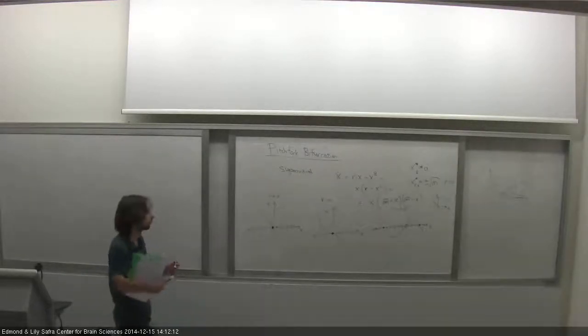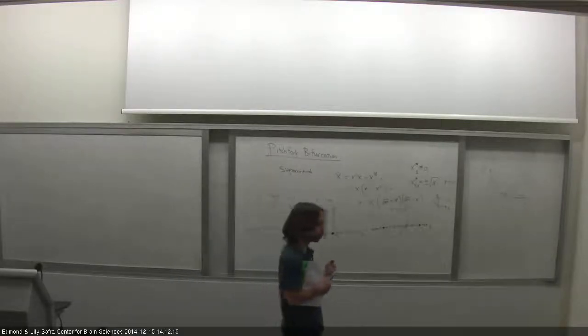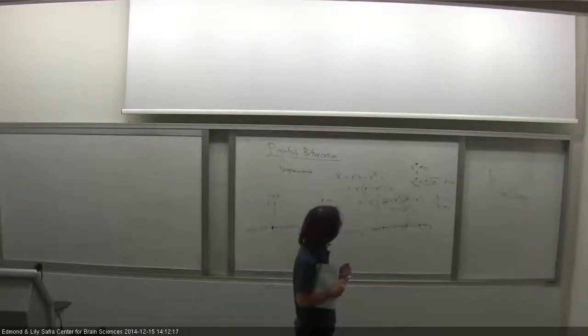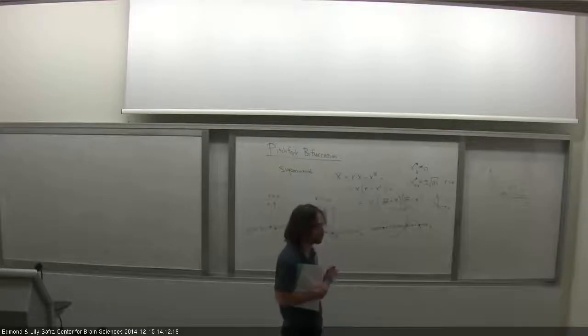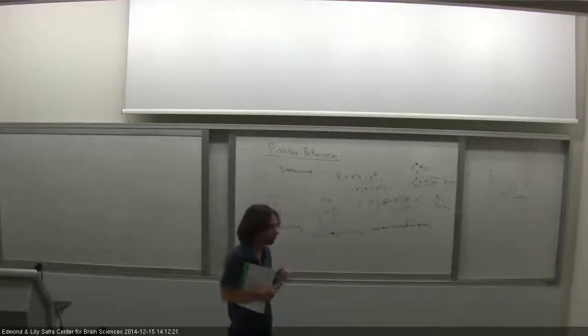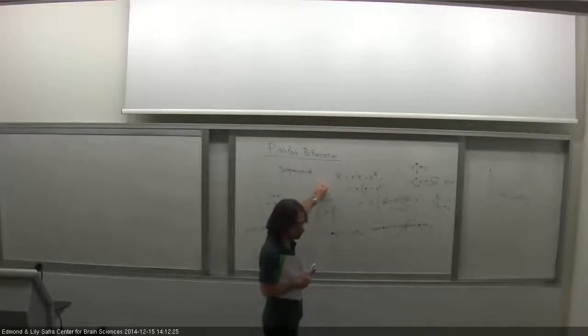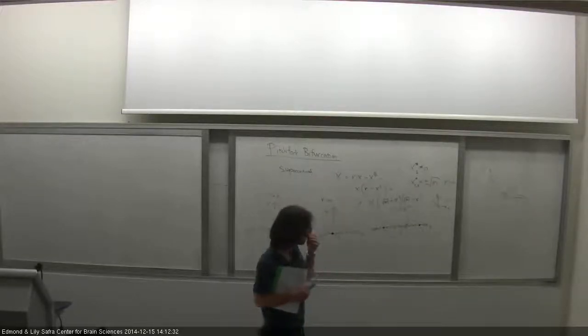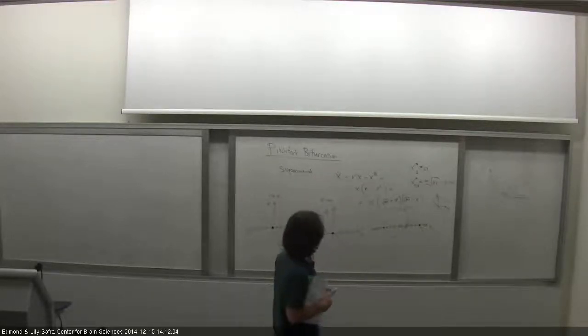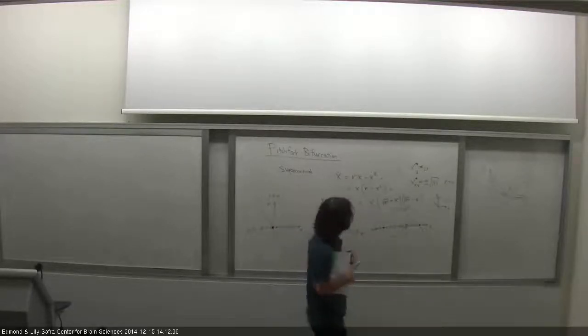I just want to clarify, the reason why you choose R as 0, less than 0 or greater than 0, do you always choose R as those three things? In the normal form, yes. This is a normal form. If it's not in the normal form, what values of R are you looking for? You are looking for values of R that might give you different numbers of fixed points.